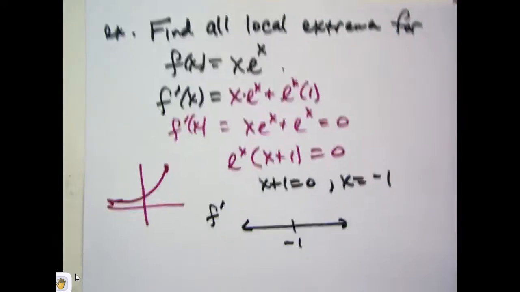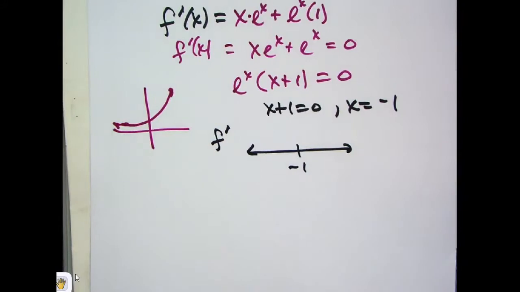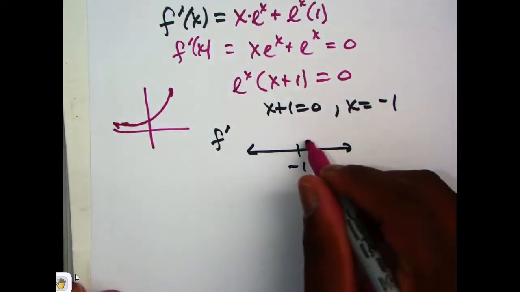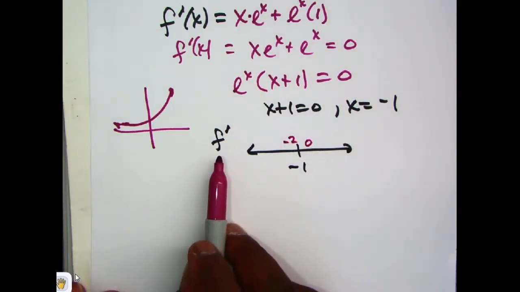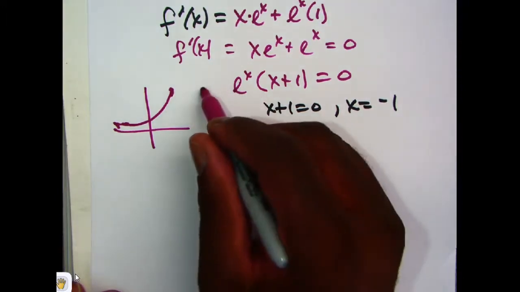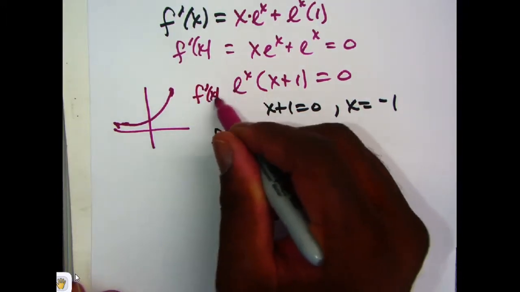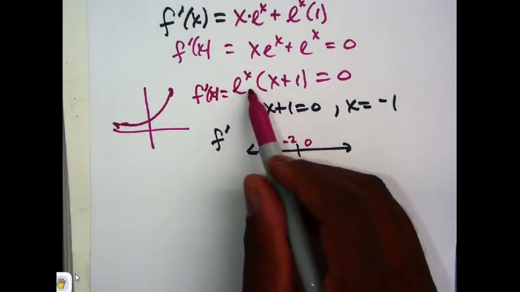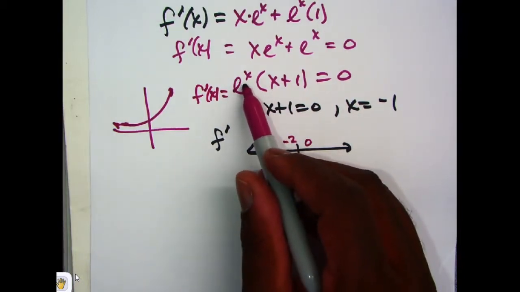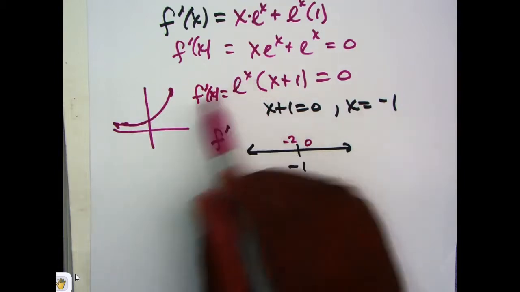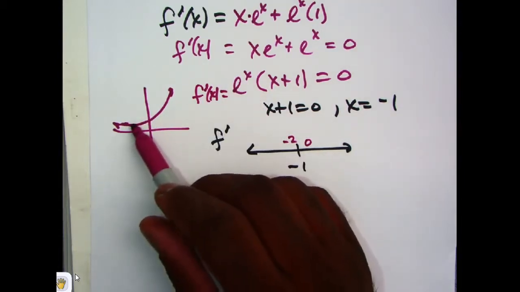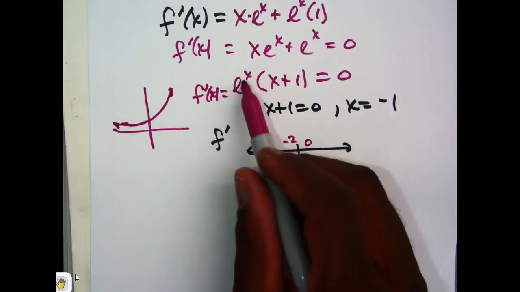All right, so let's go ahead and choose a couple of test values. What would you like to choose? 0 and negative 2. Okay, f prime at negative 2. Let's see, here's f prime right here. So at negative 2, it doesn't matter what you put in here because e is always positive. So even if I put a negative 2 in here, e is still above the x-axis as positive. So I don't have to worry about the e to the x.